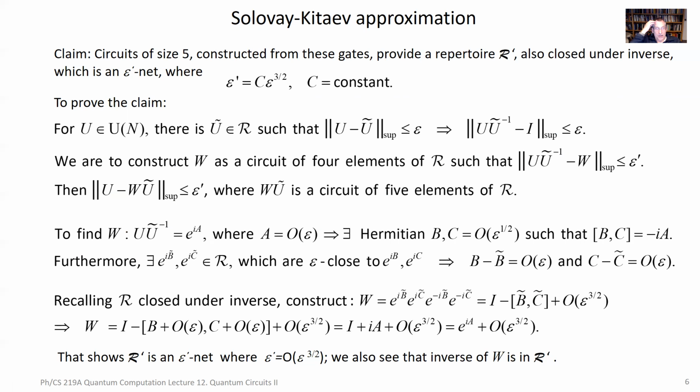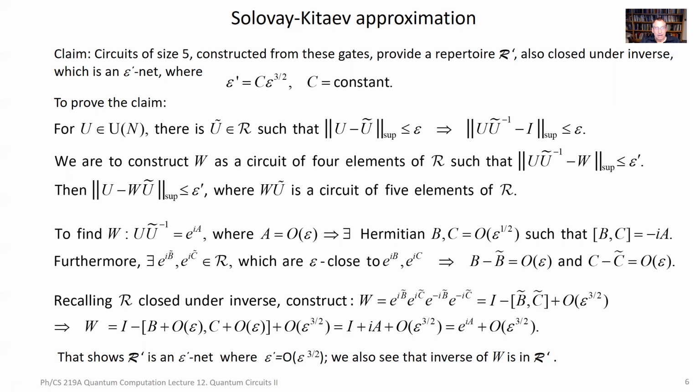So what I want to do is find the W we're looking for, which is going to give me a good approximation to U tilde inverse. And in fact, I'm going to construct such a W as a circuit of gates in our repertoire, a circuit of length 4.